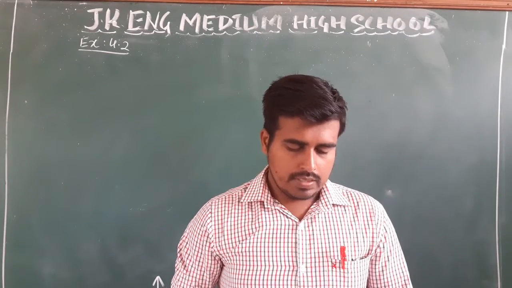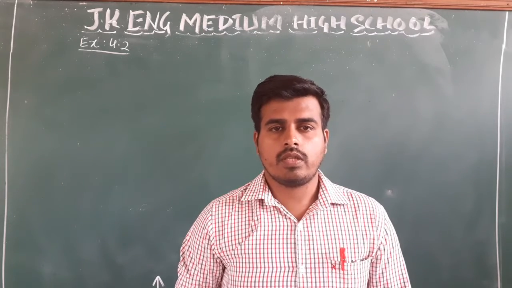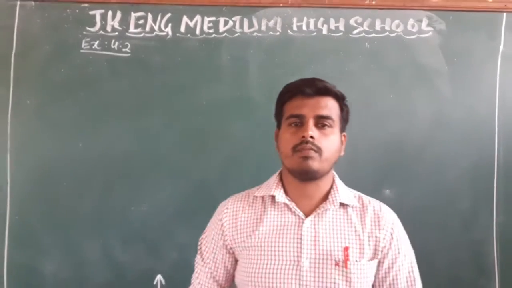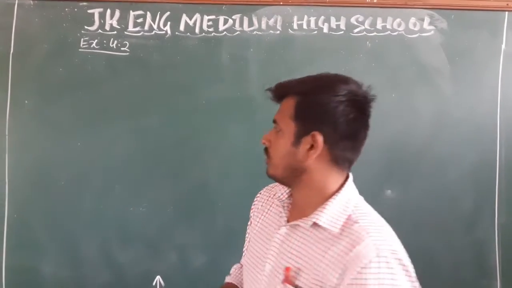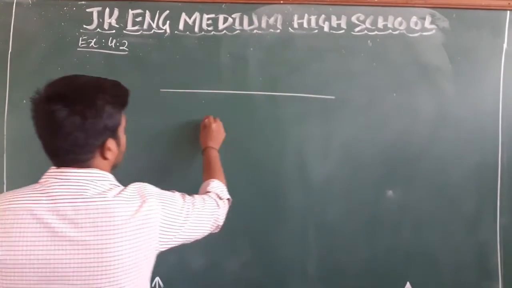The best practical example which is suitable for the equation is the weighing pan. Weighing pan is the best example which suits the equation. This is my weighing pan. All of you know.